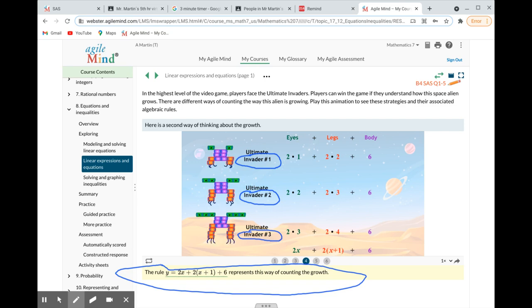Pretty close. Y equals 2x plus 2 times what's inside the parentheses? X. Is that a plus or? Yep, a plus. x plus 1. And then what do we do last? Plus 6 represents the way of counting the growth. Perfect.